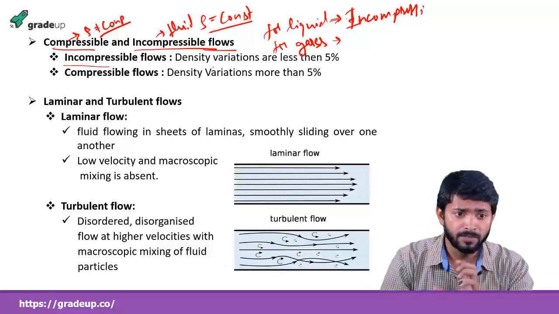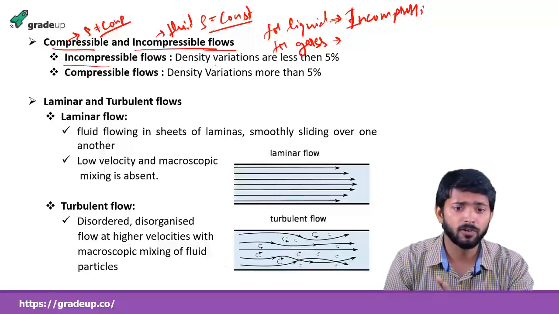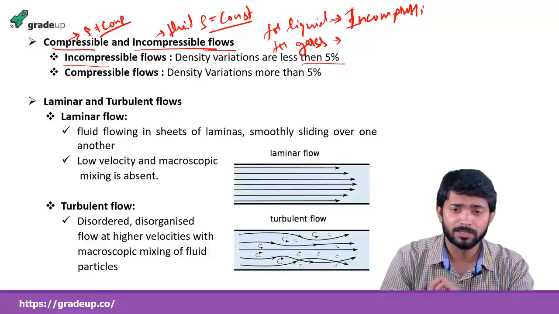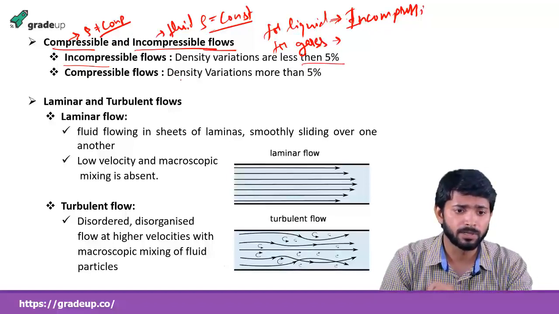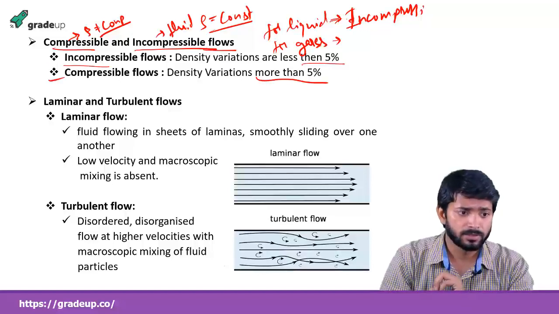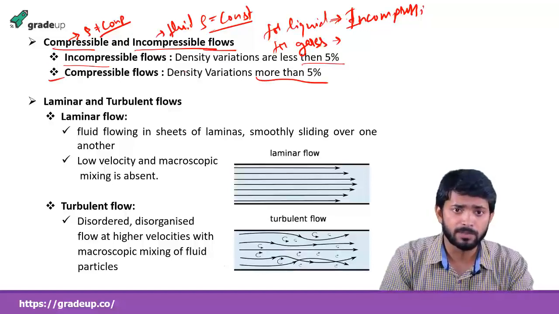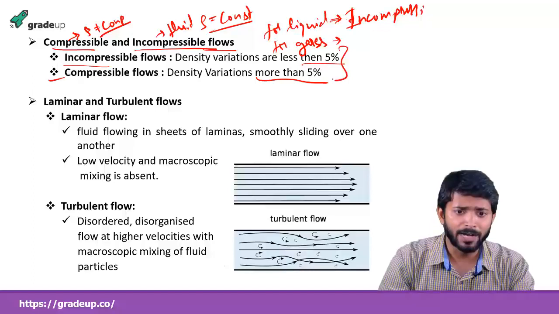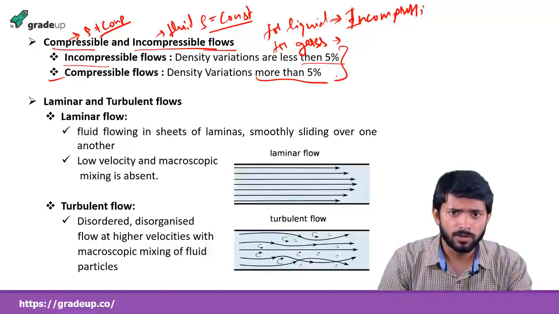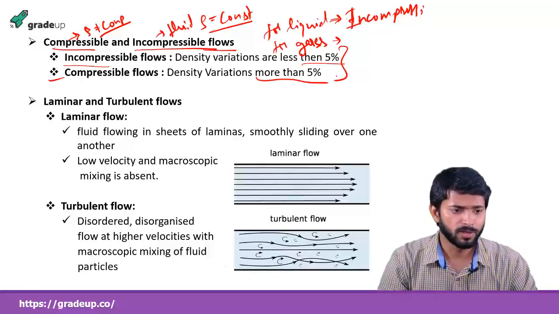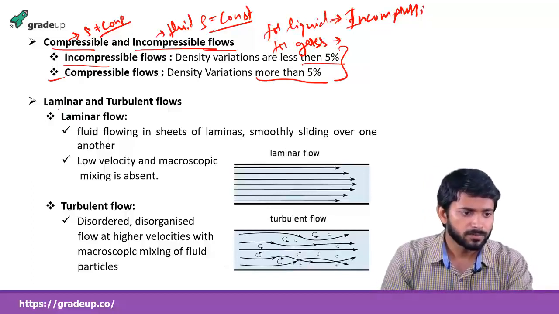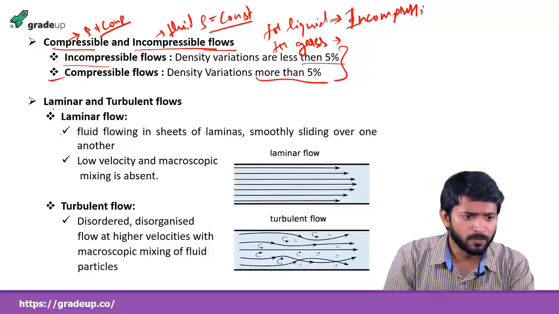In terms of density variation, if the density variation in the flow is less than 5%, that flow is considered to be incompressible, and if the density variation is more than 5%, the flow is known as compressible flow. This is the general criterion for distinguishing flows as compressible or incompressible.